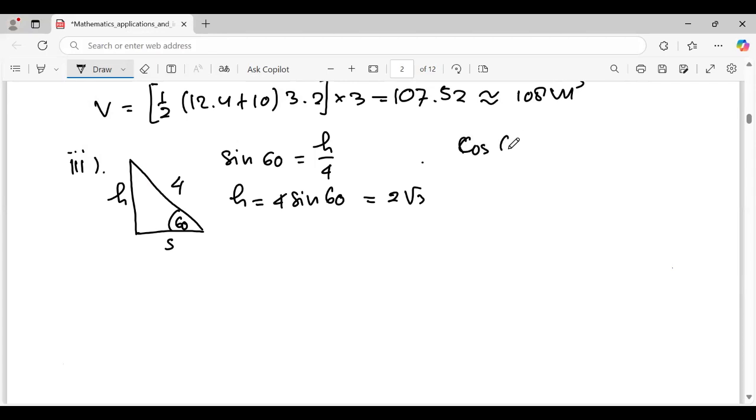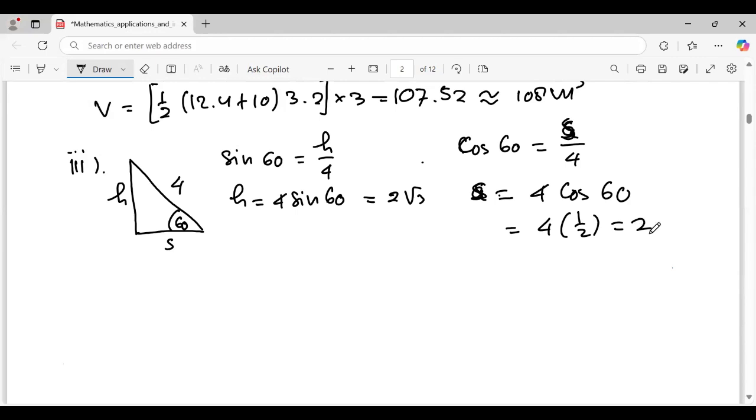Cosine 60 is a quarter of the slope, so S equals 4 cosine 60. Cosine 60 is 1 half, 4 multiply 1 half, 2.